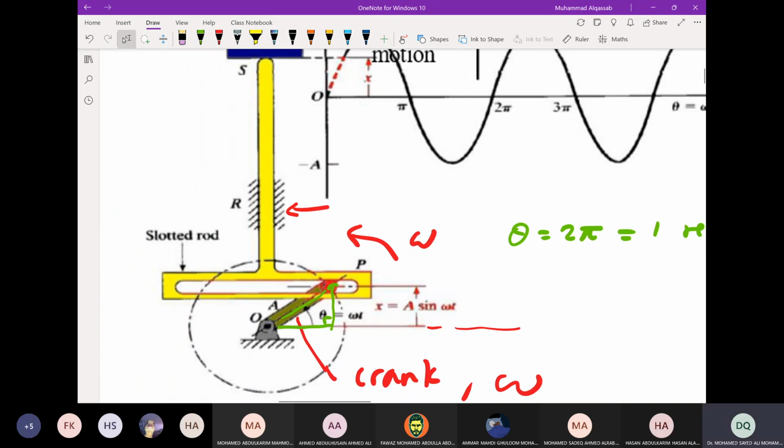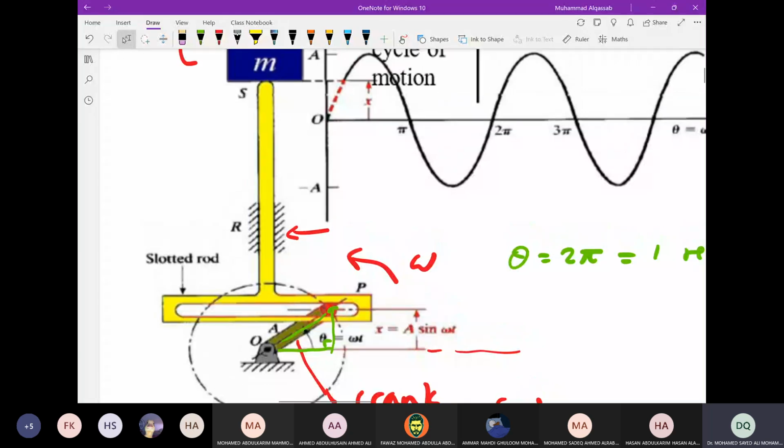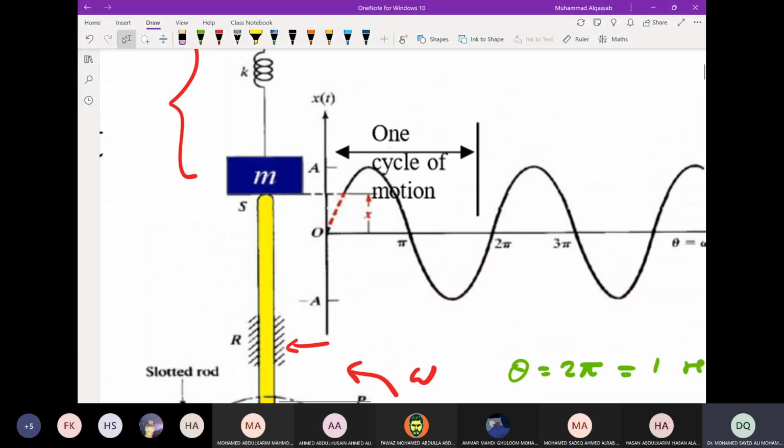Okay, regarding the crank, the type of motion of the crank is rotation, but the type of motion of the mass is oscillation. You notice that the mass is not in rotation, the mass is in translation.